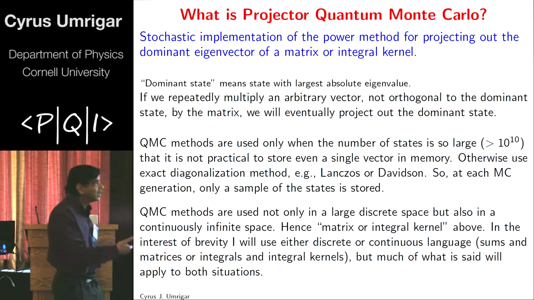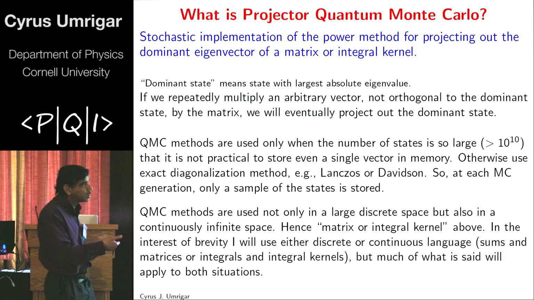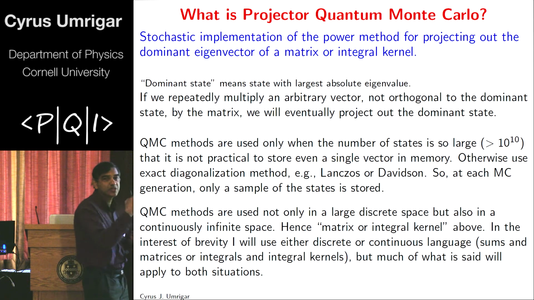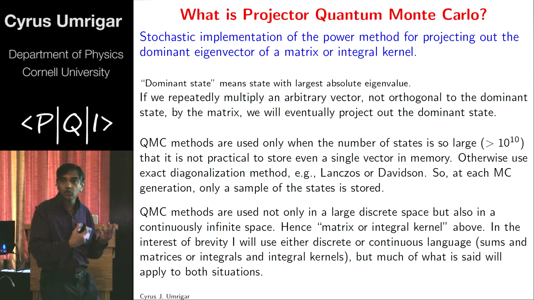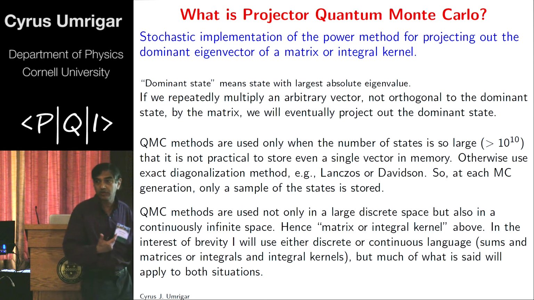The reason why the quantum Monte Carlo methods work is that you never store even a vector. All you store is samples of the vectors. And when you do quantum mechanics, what you're interested in calculating is not the wave function, but various expectation values for the wave function.